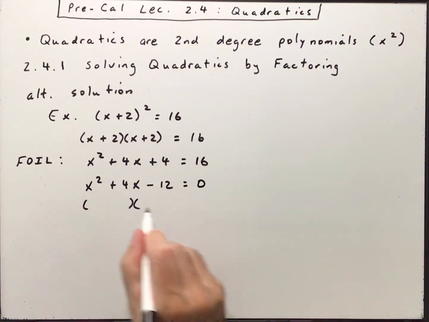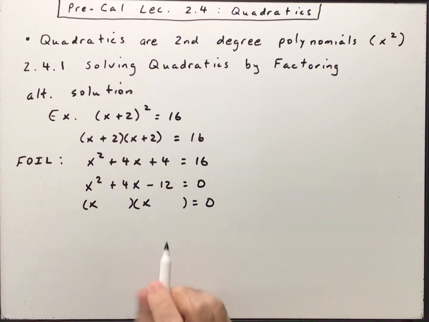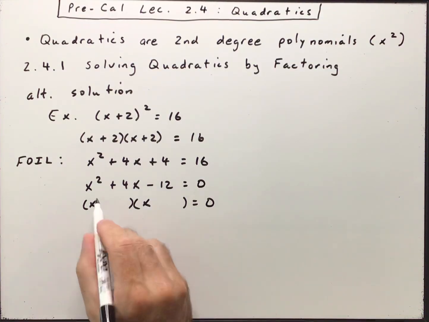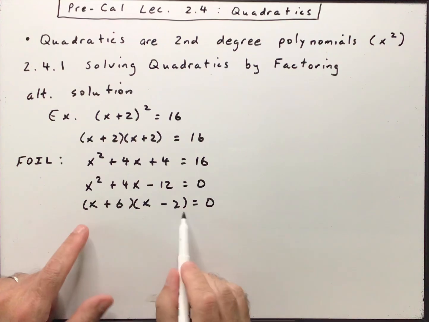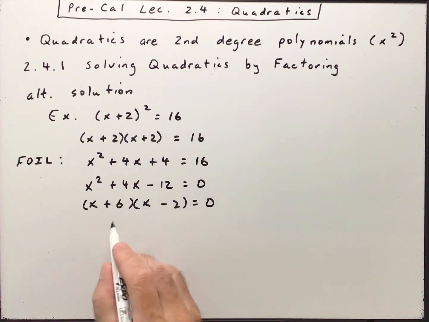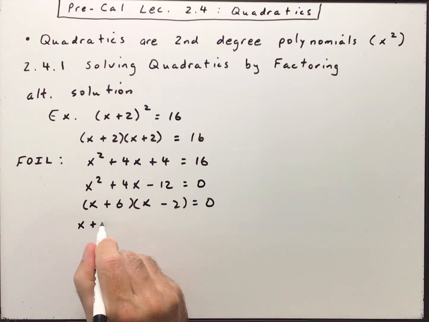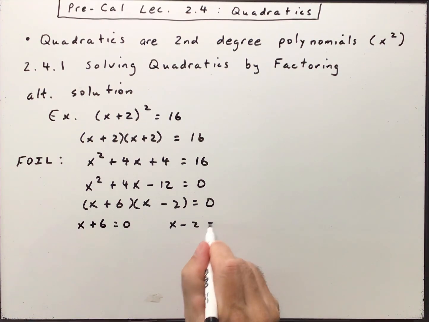And now I'm going to factor. So we have x, and a 6 and a 2. How about plus 6 minus 2 will work on factoring. That'd give us a positive 4 and a negative 12. And then we would have on the left parenthesis, x + 6 = 0, the right parenthesis, x − 2 = 0.